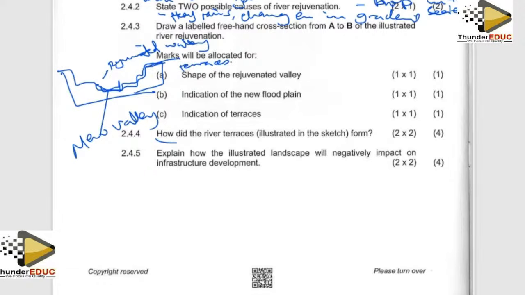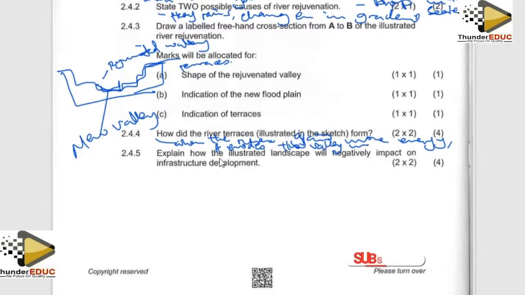How did the river terraces illustrated above form? They form due to, so we shall say, when the river gains more energy, okay, what happens? It erodes the valley in the new valley.